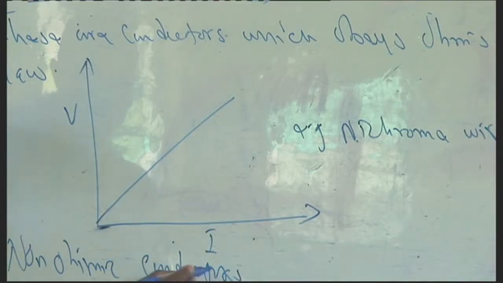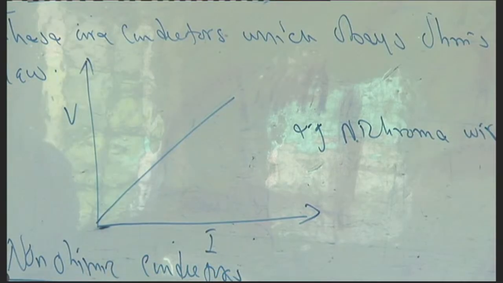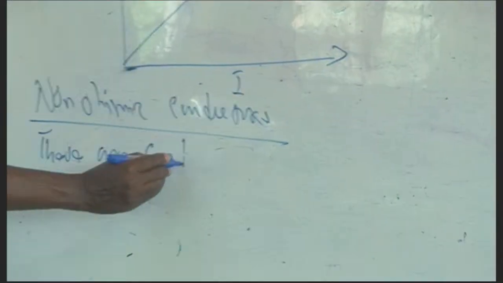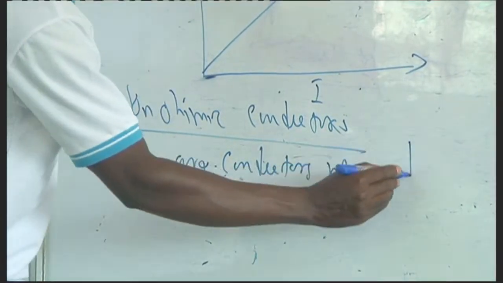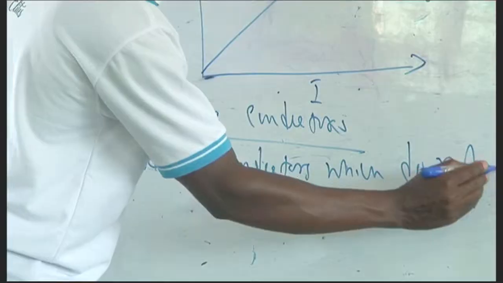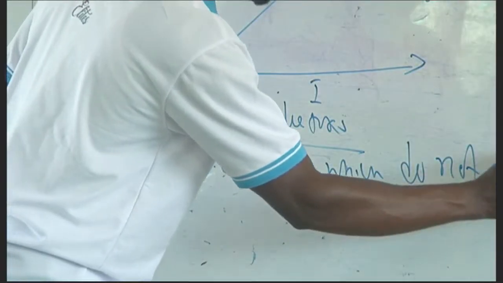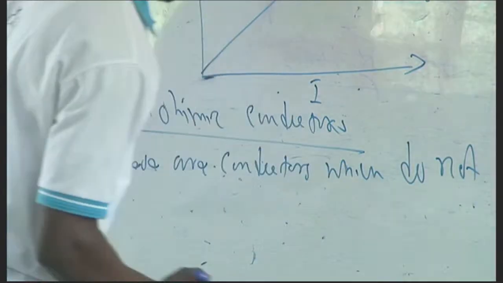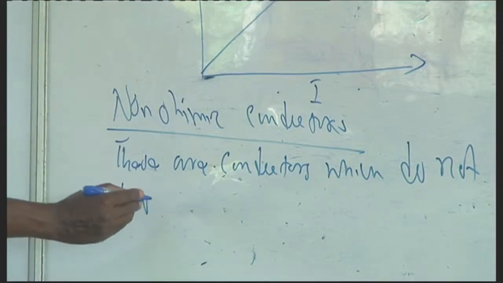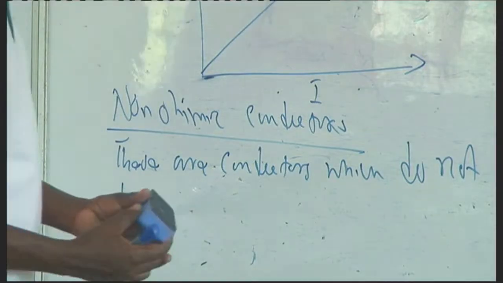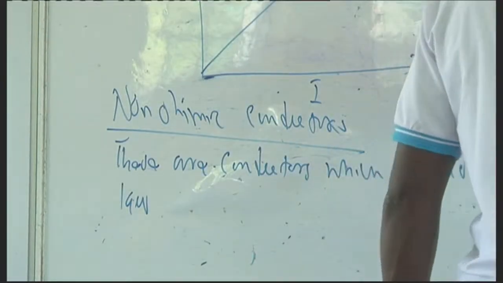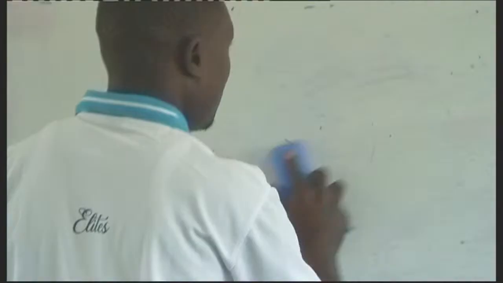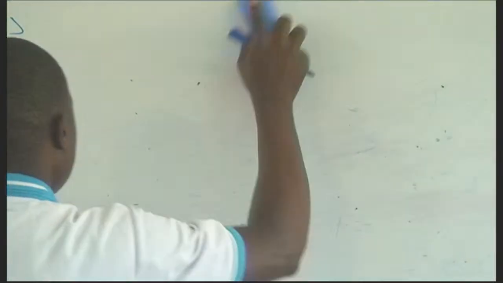Now for non-harmonic conductors, we say these are conductors which do not obey Ohm's law. If you use them, the graph won't be a straight line through the origin.